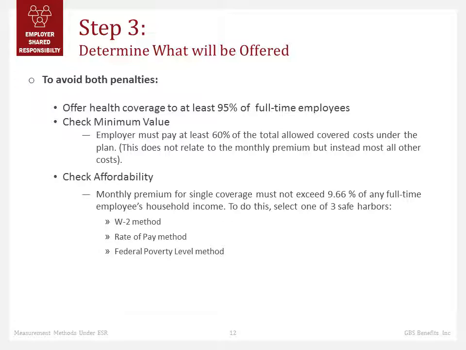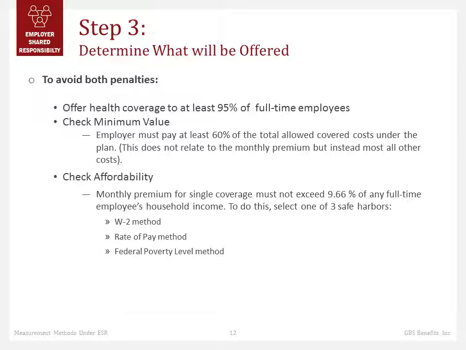Number 1, whether you're offering coverage to at least 95% of your full-time employees. And step 4 also helps you with that. But we also check your minimum value, as well as your minimum essential coverage, in step 3, and we also check your affordability in step 3. And within affordability, you have chosen a safe harbor to help you calculate the actual affordability.